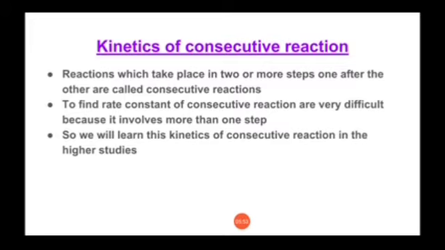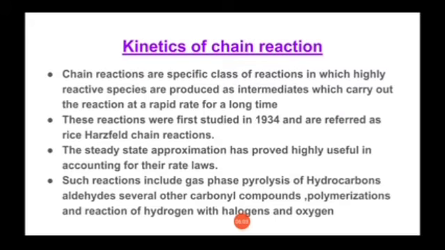So now we'll discuss the topic which is actually in our syllabus, that is kinetics of chain reaction. Chain reactions are a specific class of reactions in which highly reactive species are produced as intermediates which carry out the reaction at a rapid rate for a long time.